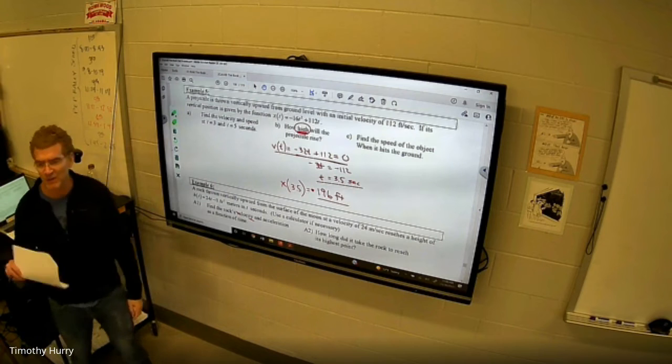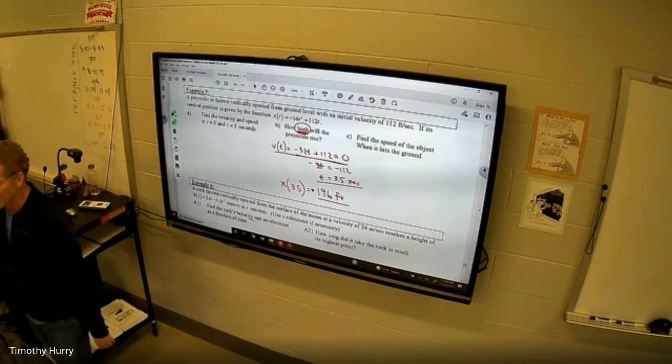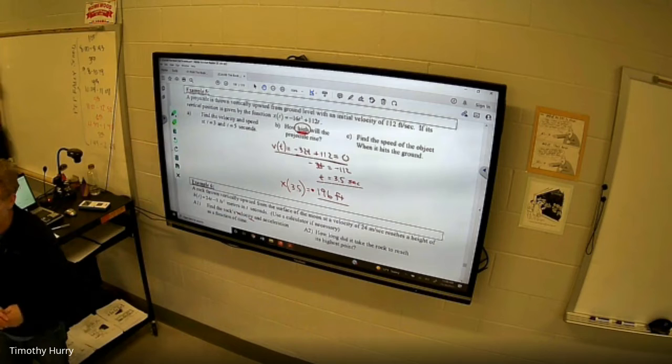Find the speed when it hits the ground. Now, I already said yesterday what is not the right answer: oh, it's on the ground, it's got to be 0. The instant right before it makes contact, it was accelerating rapidly, getting faster and faster. If you're in physics, we are ignoring things like friction, air resistance.